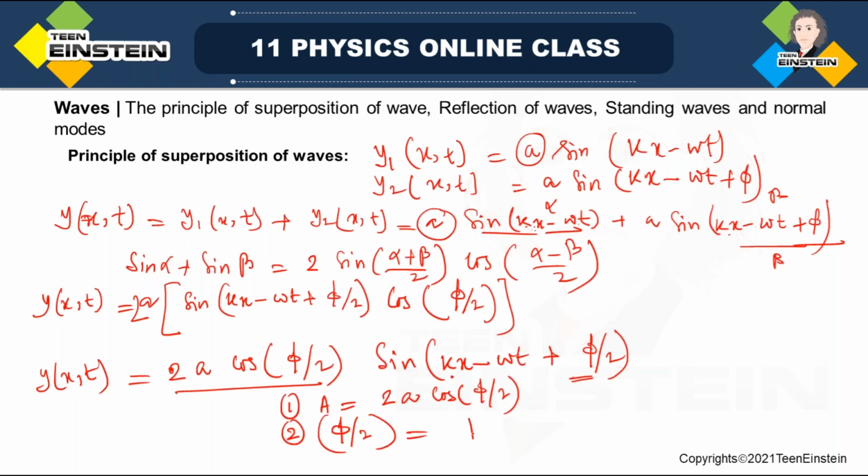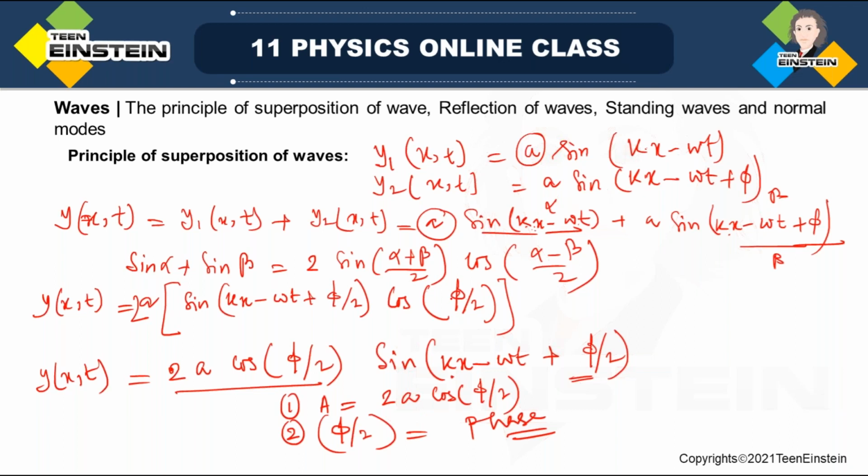Earlier the two individual waves were out of phase by a constant phase angle phi, but now this resultant wave is out of phase by phi by 2 from each of them.